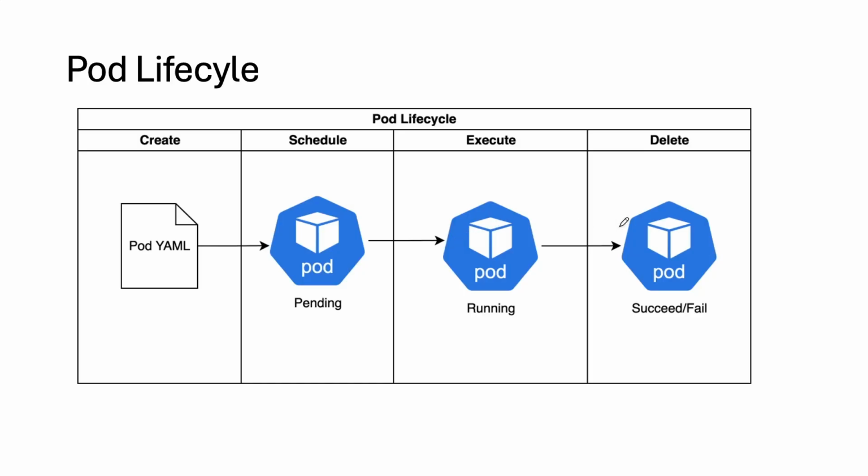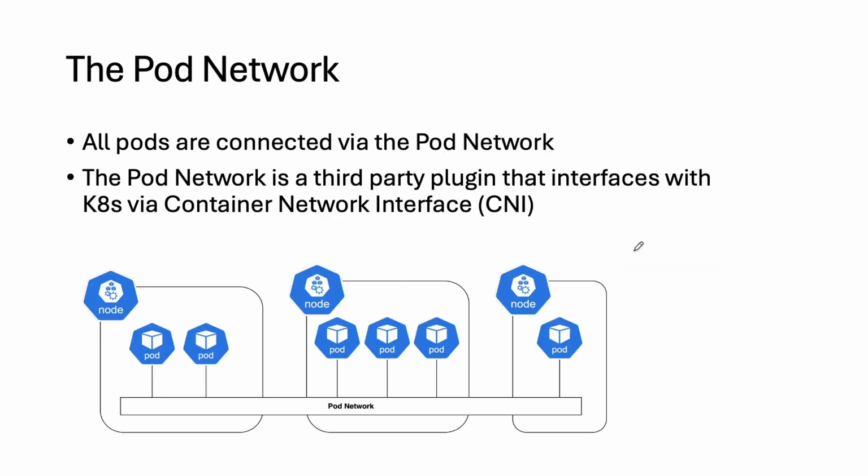From then on, whatever their life cycle is, when the application either stops successfully, or there is a failure, or there are any auto-scaling or self-healing activities, the pod would be deleted. This is the entire life cycle of a pod. All pods are connected to each other using what is called the pod network.